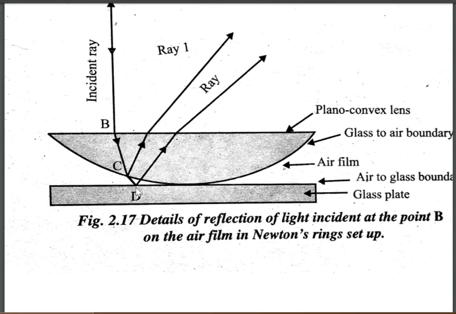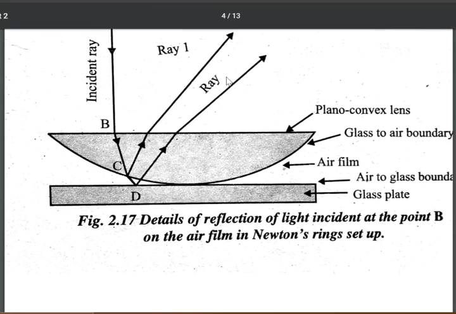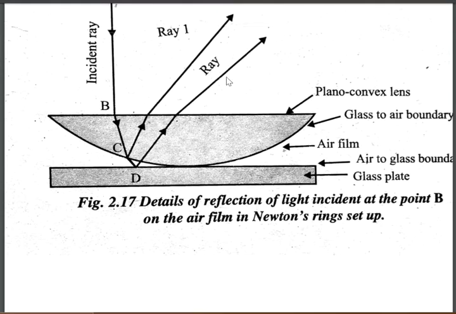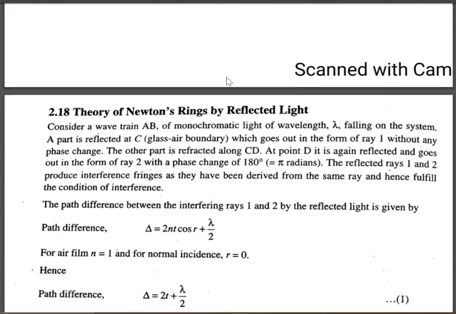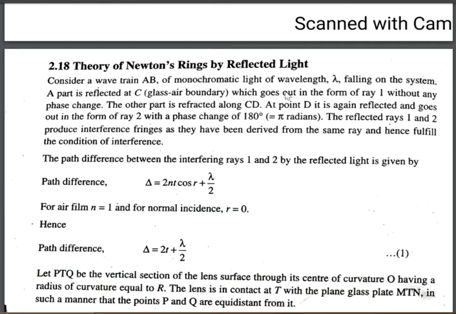It gets reflected at the surface of the glass plate, which is a denser medium, and this ray will be refracted as ray 2 and emerges from the plano-convex lens. Ray 2 is not marked in the figure, so please write it as ray 2. Ray 2 will have a phase change of 180 degrees or pi radians.